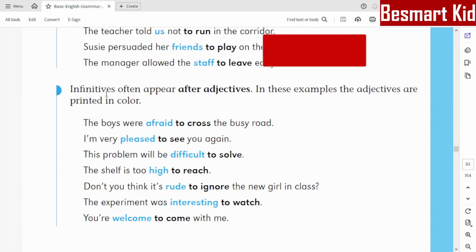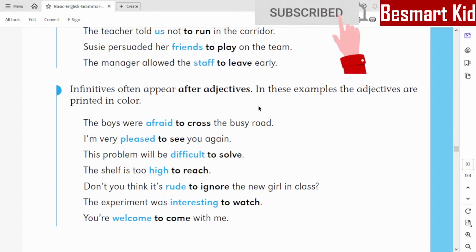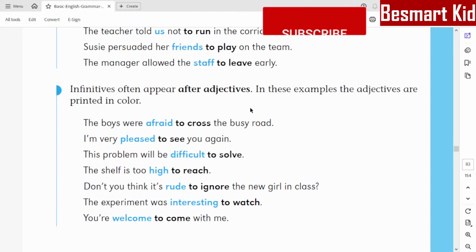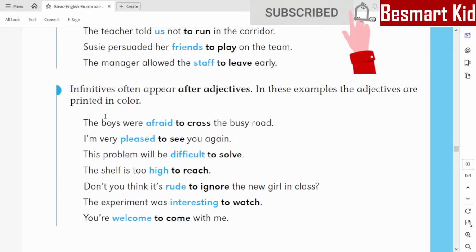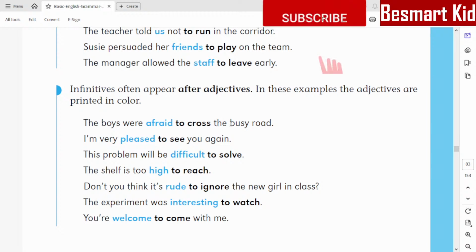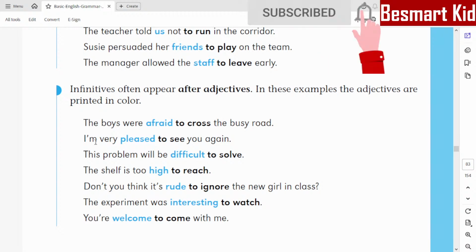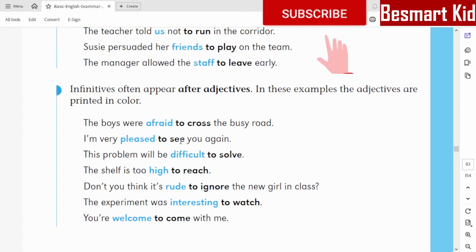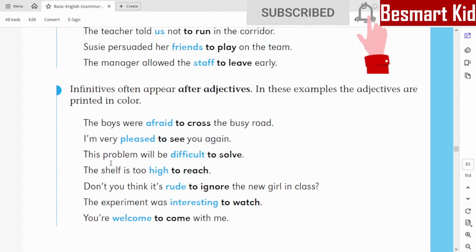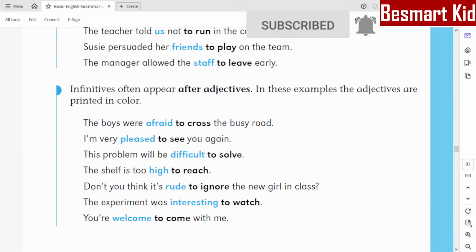Infinitives often appear after adjectives in these examples. The adjectives are printed in color. The boys were afraid to cross the busy road. I am very pleased to see you again. This problem will be difficult to solve.